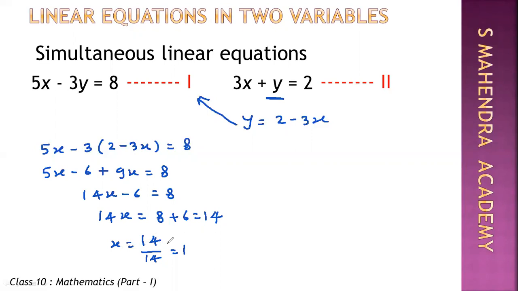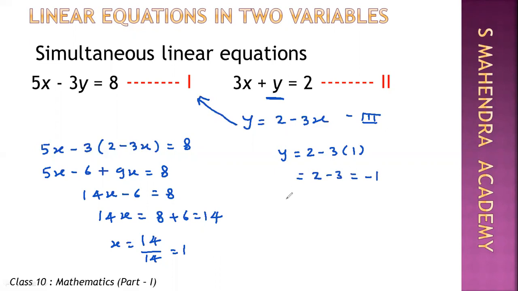Now we will substitute this value of x in equation number 3. So y is equal to 2 minus 3 into the value of x, that is 1, and the answer will be 2 minus 3 is equal to minus 1.